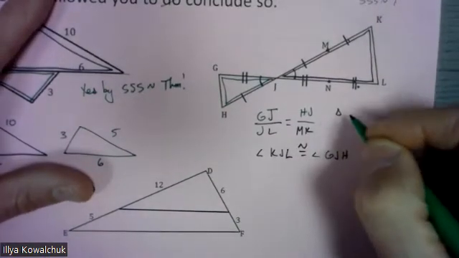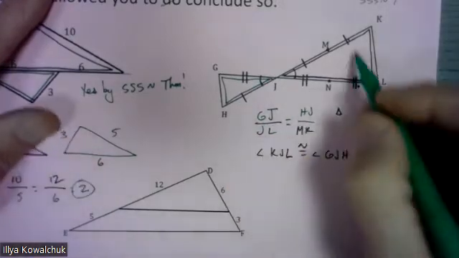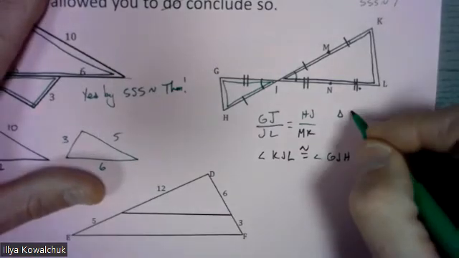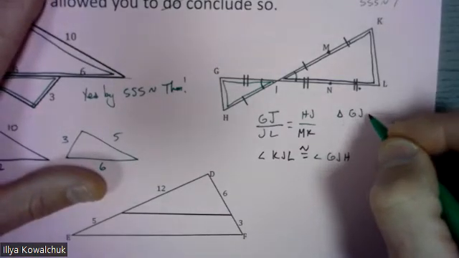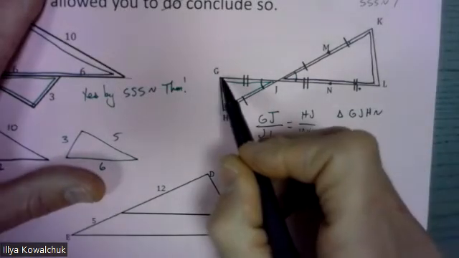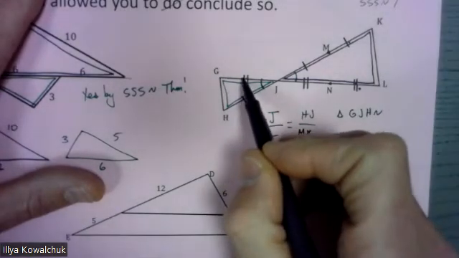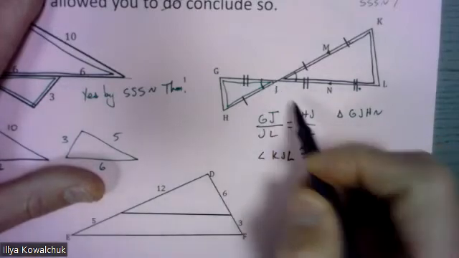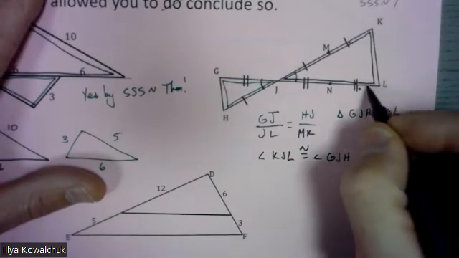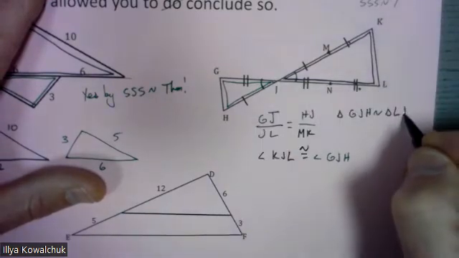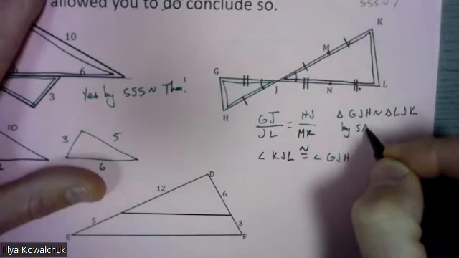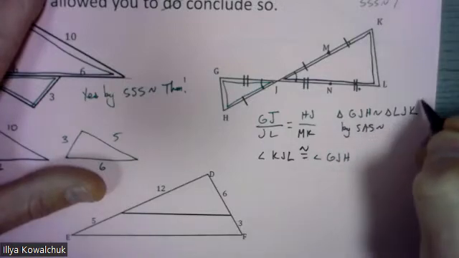Therefore, I'm going to make my similarity statement here. I can because I have labeled points. I couldn't over here because I didn't have any labels. Triangle GJH is similar to, now I got to be careful here. I started with G and I went across the side that had two tick marks to my angle. So that's going to be this side here. Triangle L across the side with two tick marks to the J and then out to the K, by side angle side similarity.